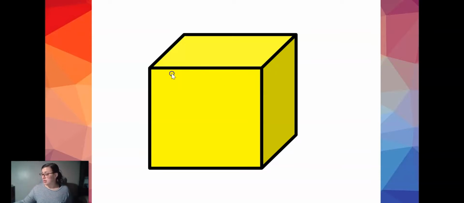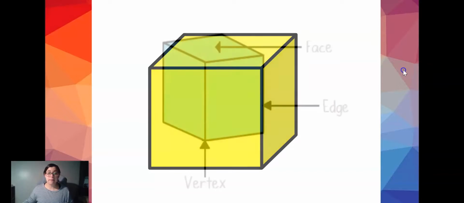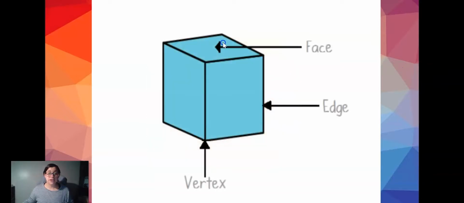If you look at a cube, you are able to see that a cube has many faces, many edges, and many vertex. This is a face, this is an edge, and this is a vertex. This is a cube.